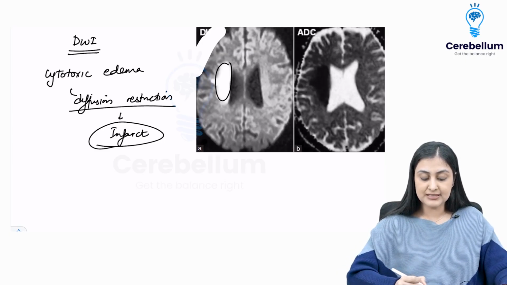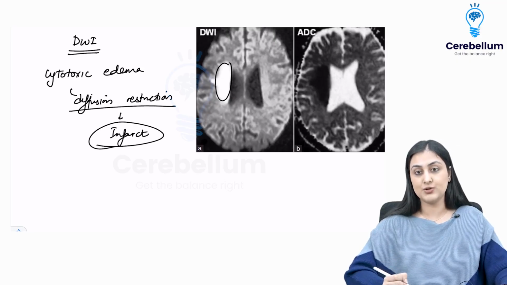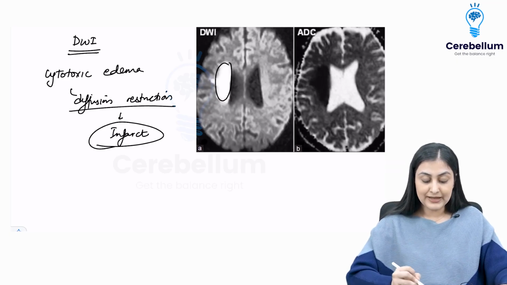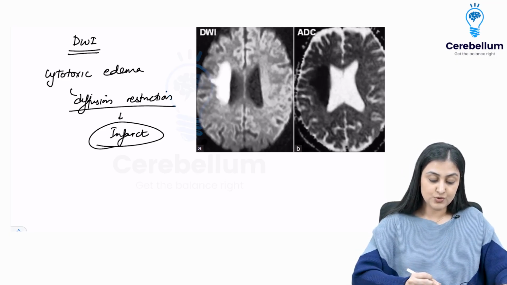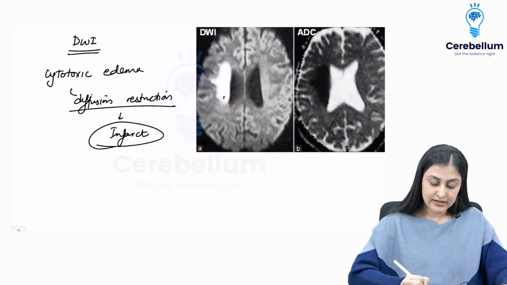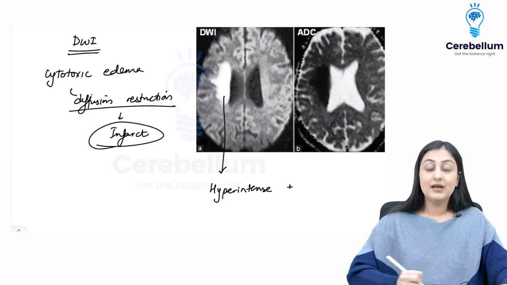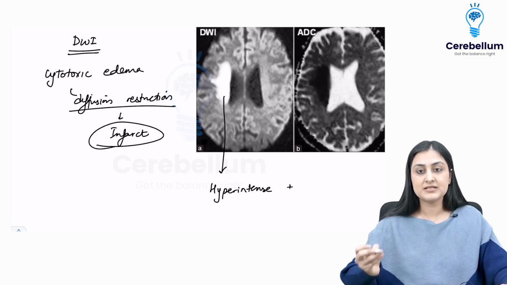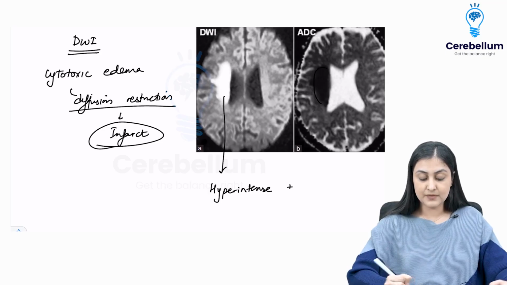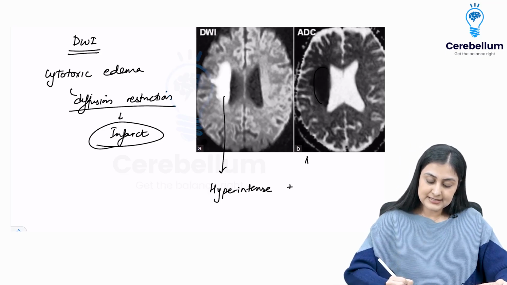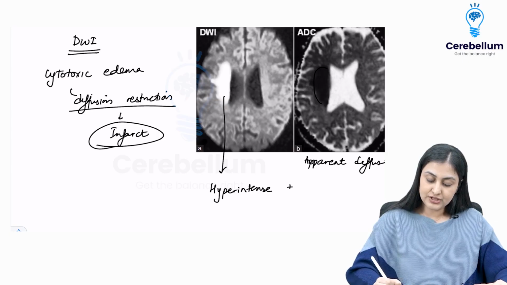Okay, so first of all, how do you recognize this as DWI? You will not see the bone and the fat outside. You just see the brain, you know it's DWI. And on DWI, anything which is white is your diffusion restriction. So it has to be hyperintense on DWI. In addition, DWI always comes with another image which is machine generated, that is called ADC. ADC stands for apparent diffusion coefficient.